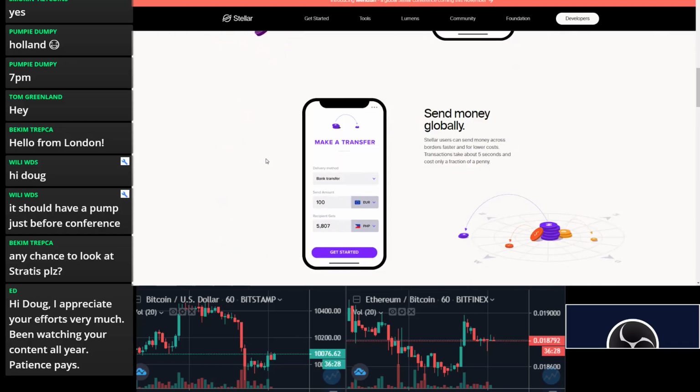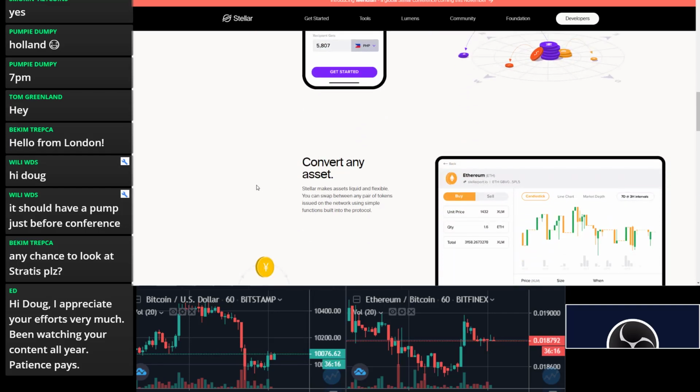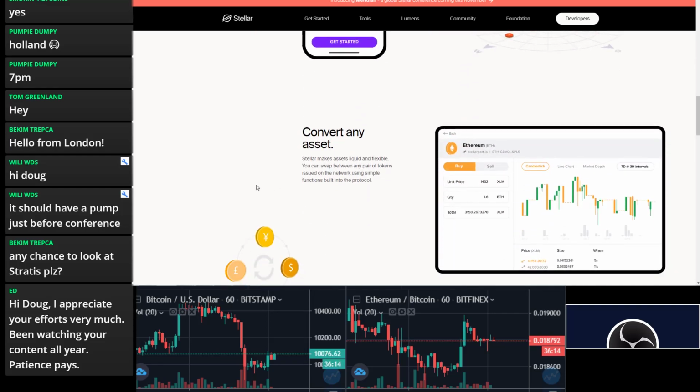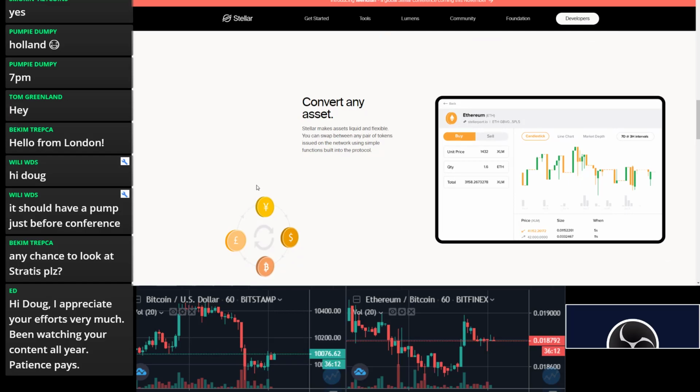But it doesn't tell me if Stellar is going to go up in price itself. Again, for me, if it only costs a fraction of a penny to make a transaction, they don't want their price to go up. They want that price to stay steady. Stellar makes liquid assets. You can swap between any pair of tokens issued on the network.